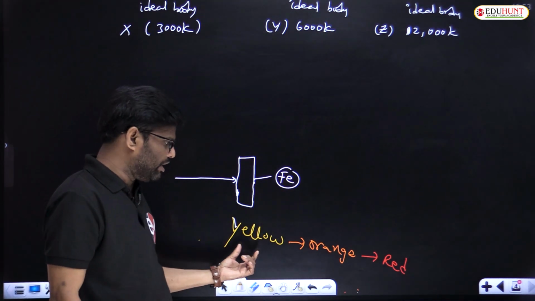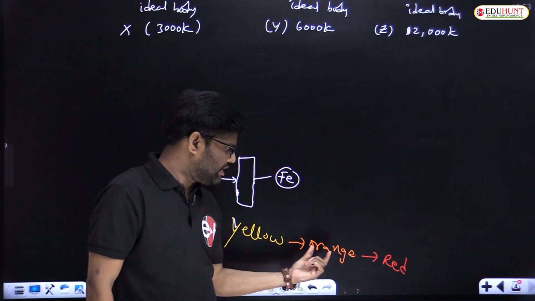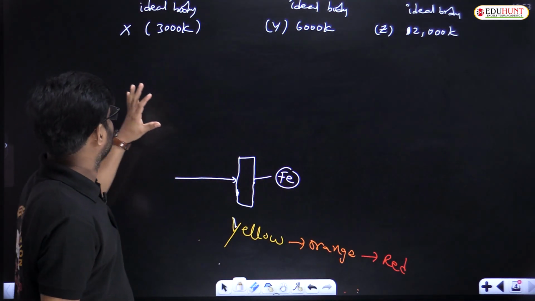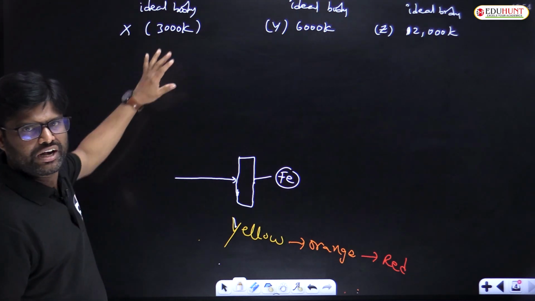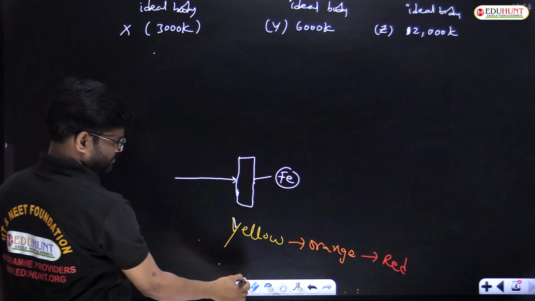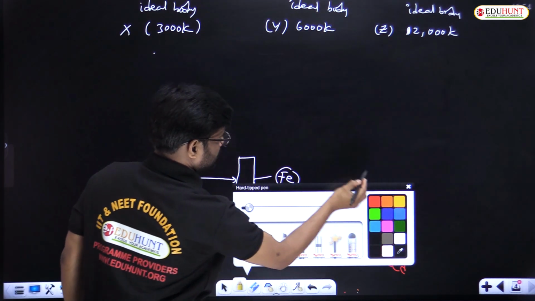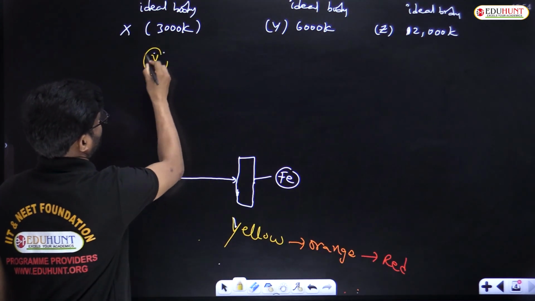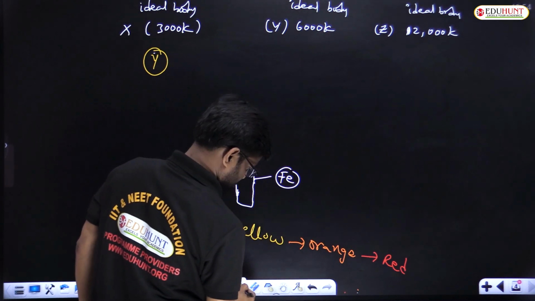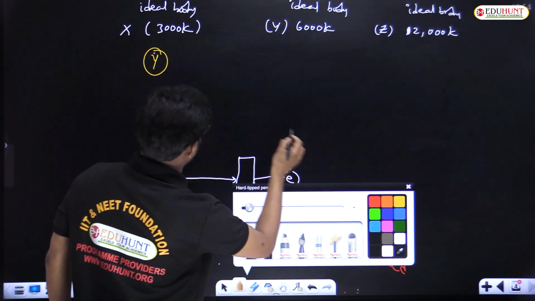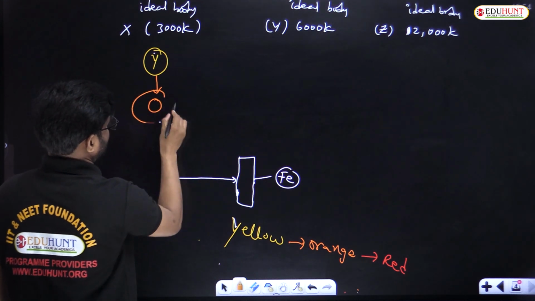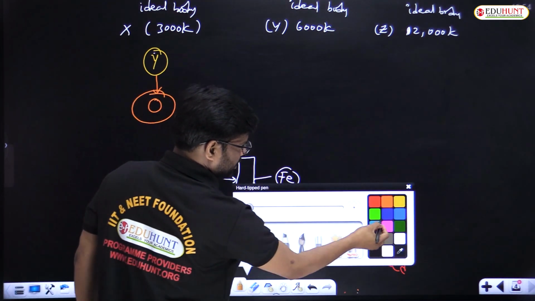First it shows yellow, next orange, next red, up to 3000 kelvins.